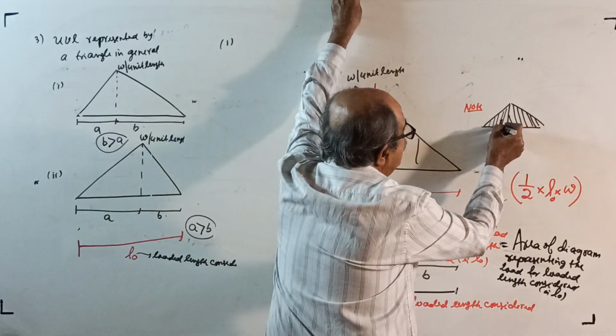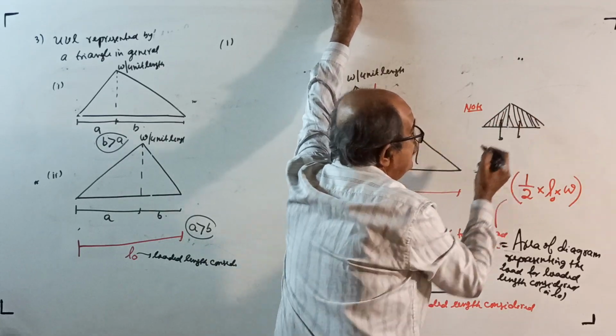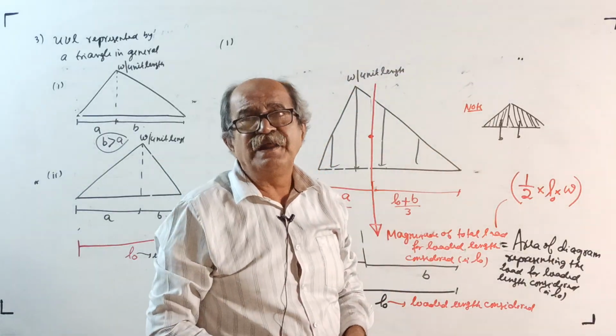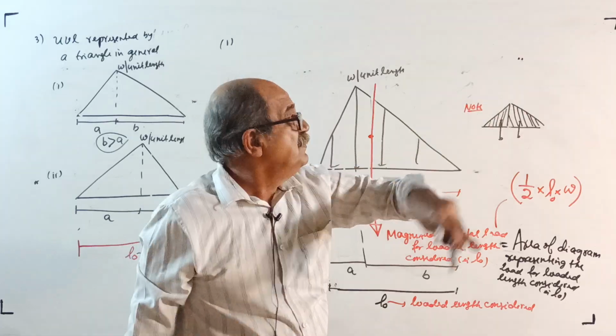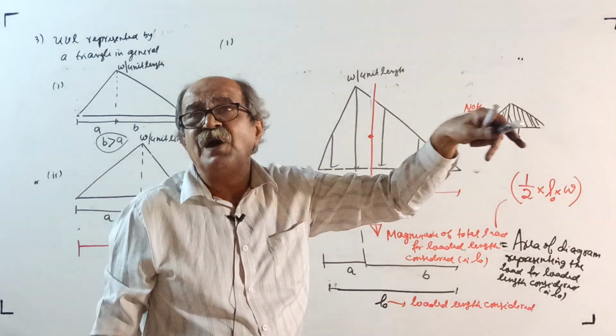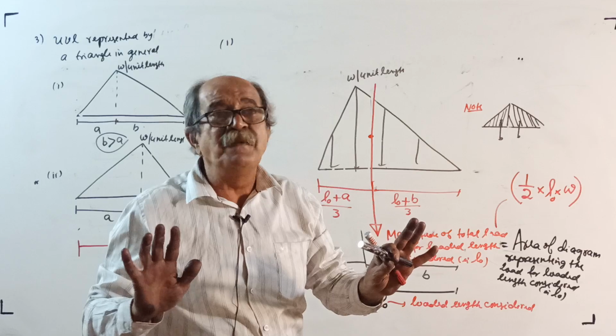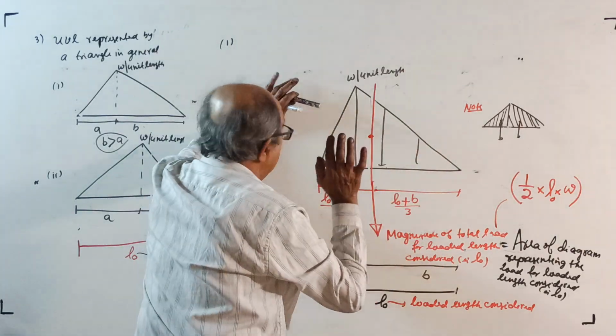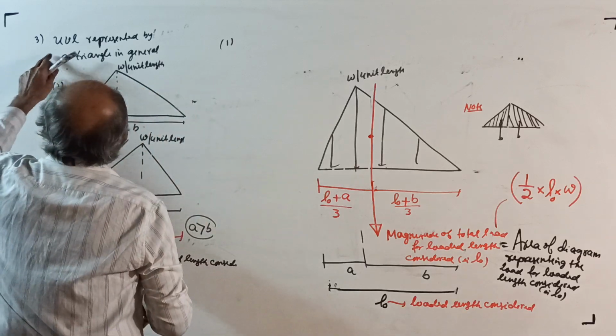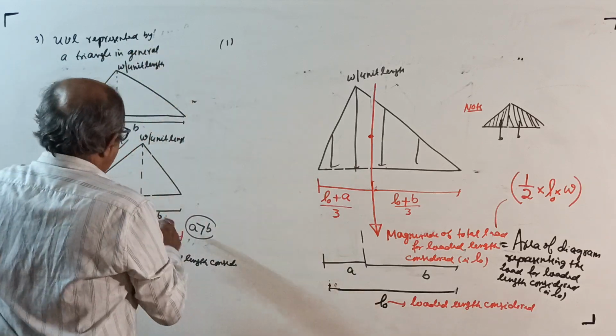Then one load here, one load here, and it becomes two right angle triangles. This I will discuss when I go for type of load part 2, part 3, part 4 with all examples. Right now, sufficient. Now, UVL represented by a triangle in general, case A is over.